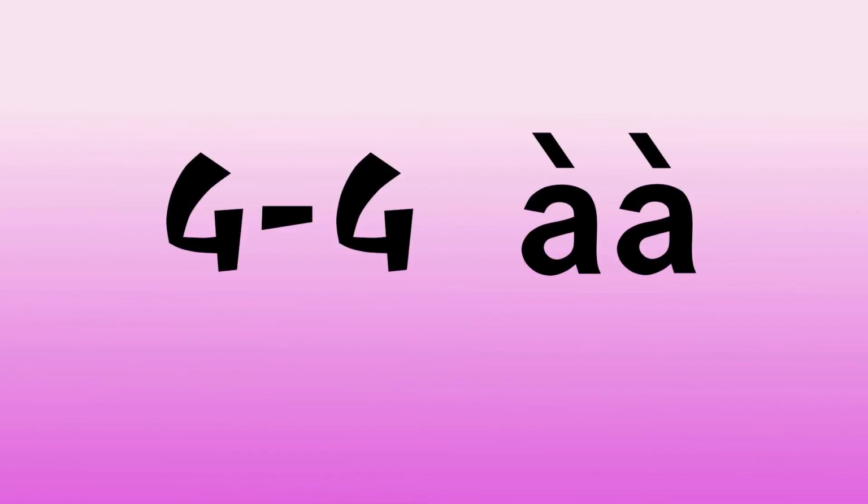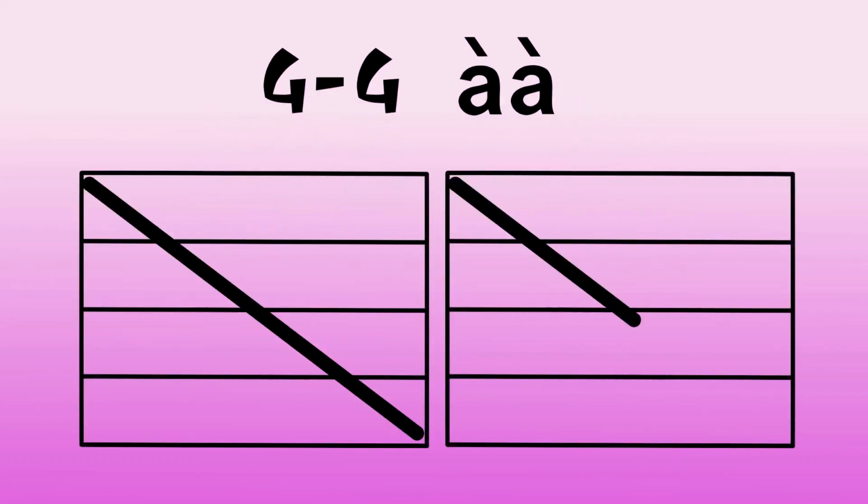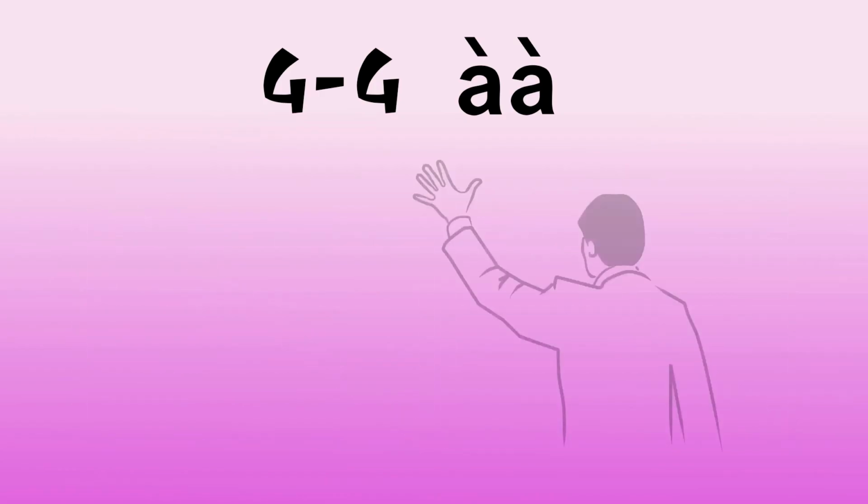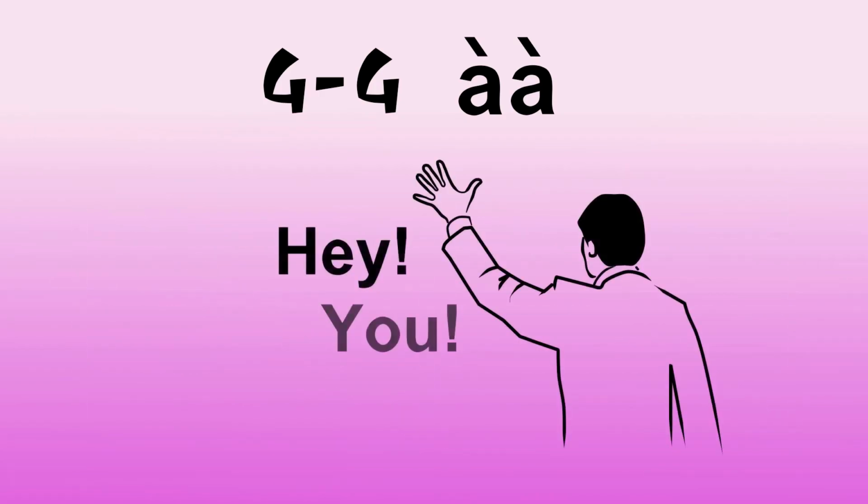And finally, the 4-4 combination is voiced like this. In this case, you could probably just think of them as one fourth tone after another, though it could also be the tone used in English for hey you, hey you.